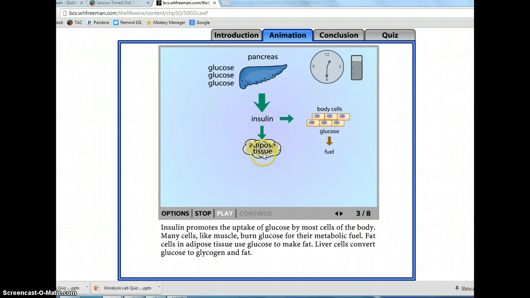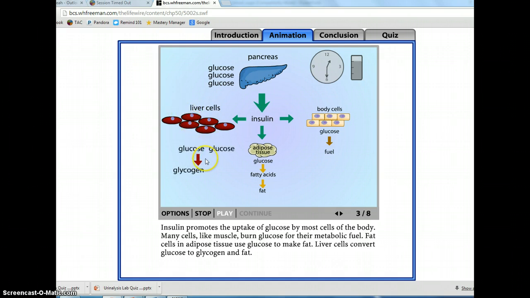Insulin signals adipose tissue, your fat tissue, to store it as fat. And then insulin tells liver cells to take up the glucose and store it as glycogen, which will be used later, and for fat.